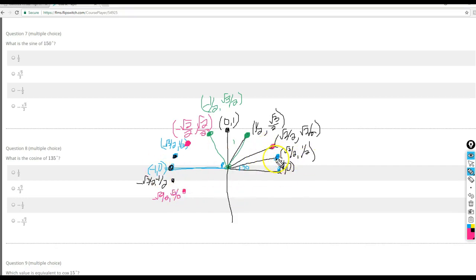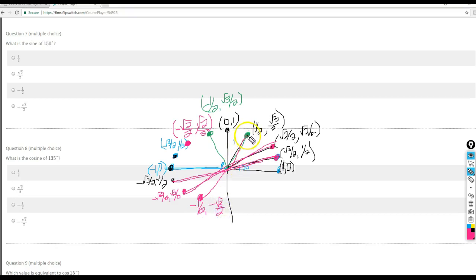Or you could think from quadrant 1, this would still be a 180 degree rotation, and then 180 degrees here. Again, the coordinates for this one would be negative 1/2, negative square root of 3/2.